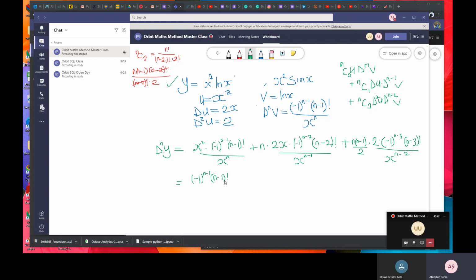I know you might be asking where is my x squared? By bringing this x squared down here, it becomes x to the power minus 2, right? Yeah. So x to the power minus 2 times x to the power n should give us x to the power n minus 2. Do you agree?